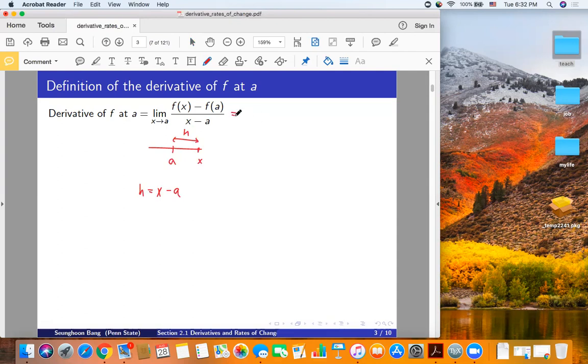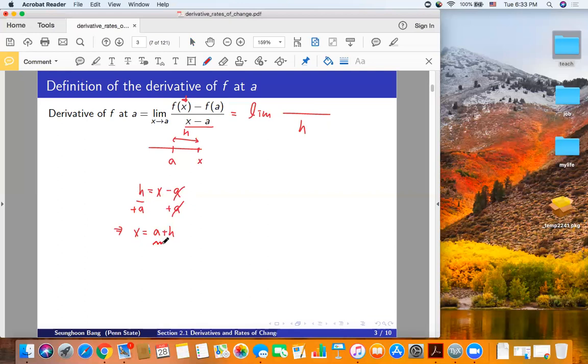So we can replace the denominator x minus a with h. One more: we can replace x by h. How can you replace? We can use this equation. You add a to both sides, a is cancelled, so x equals a plus h.